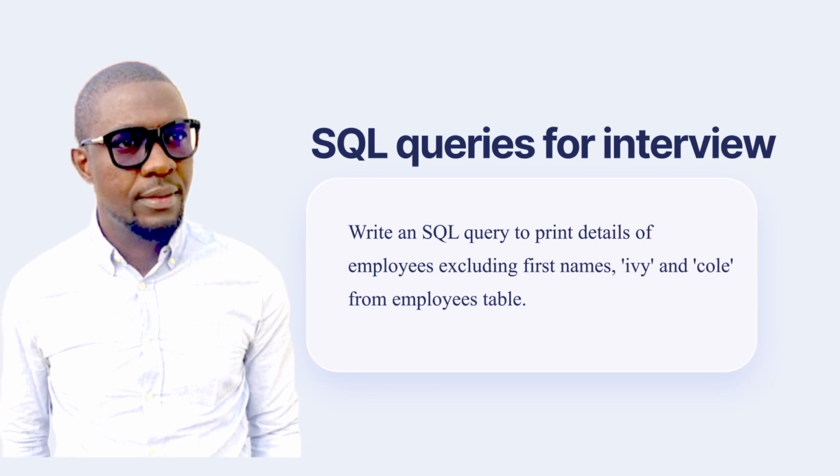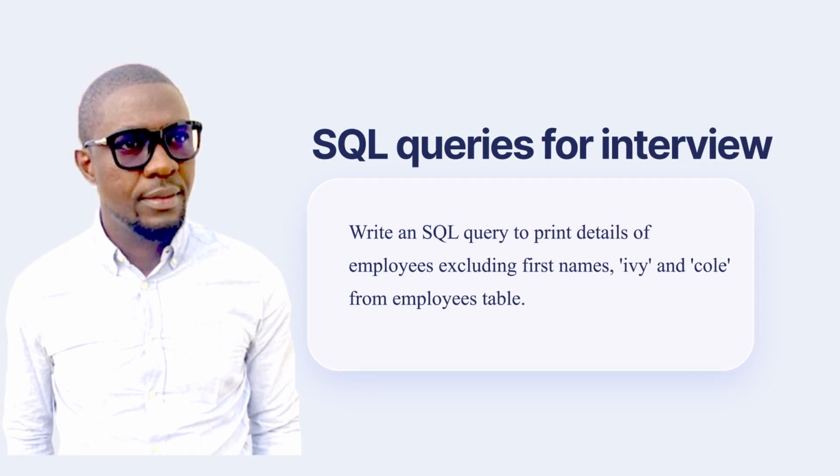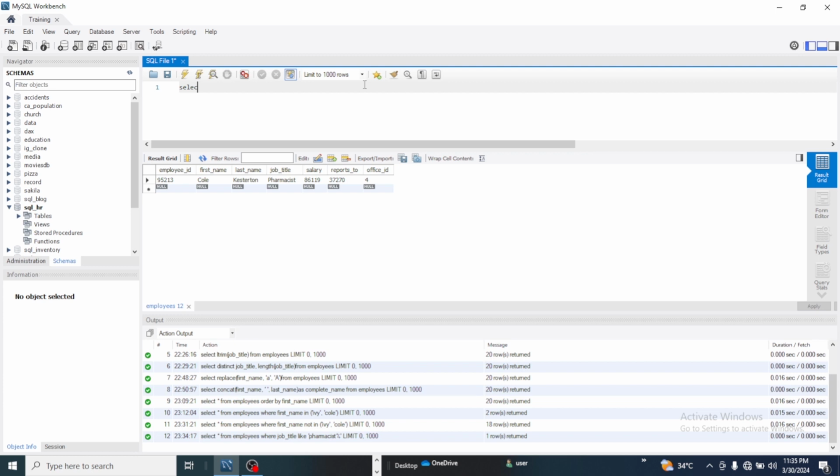So we use select all from employees where first_name like, with a single quote, a percent, A, a percent again, and then we close the quotes.